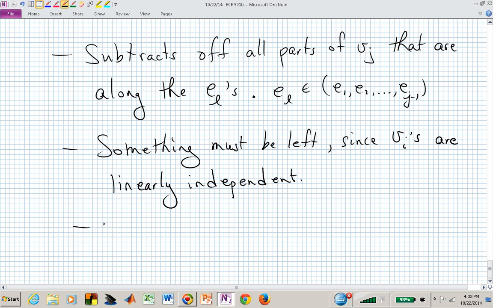And what's left, which we could refer to as the remainder, is actually perpendicular to all the e sub i's that belong to e1, e2, up to e sub j minus 1.